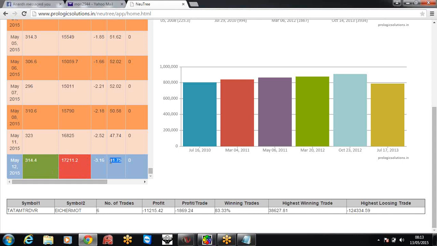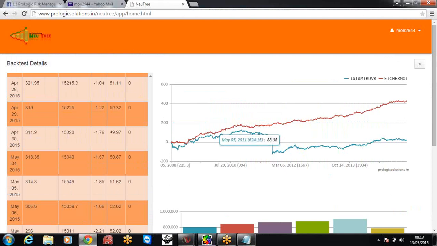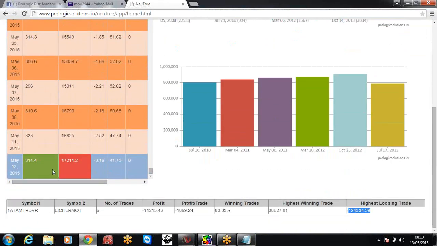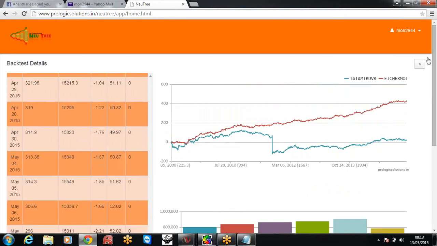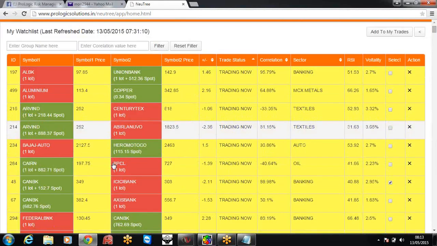But worrying thing is the correlation here. But you can see the winning trades is high. 83% is the winning trades. And again, I told you this will not be the right figure, that is the losing trades, because of this particular split. So it will start trading from today. Tata Motor DVR and Icon Motors.